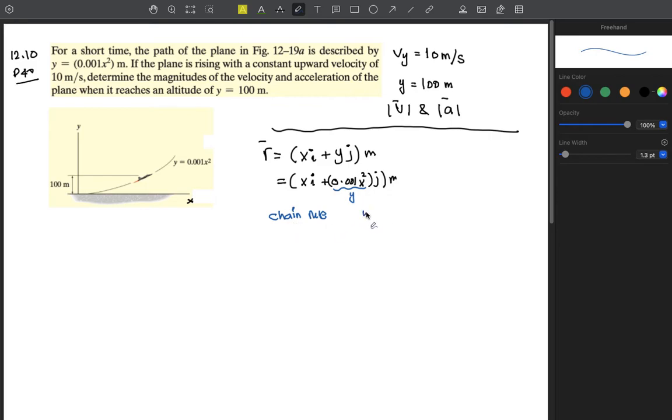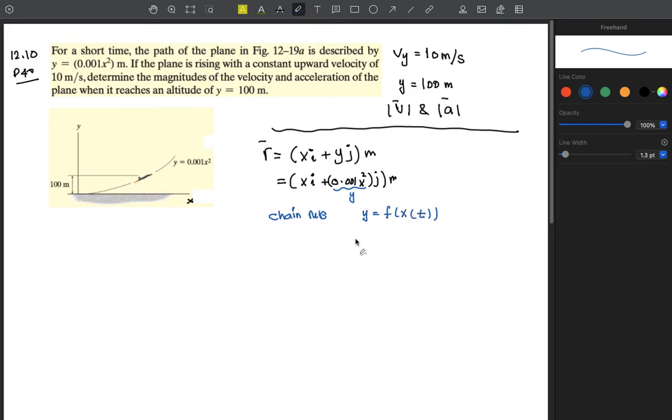We know that y is a function of x, but x is also a function of t. So first we differentiate y with respect to x, and then x with respect to t.